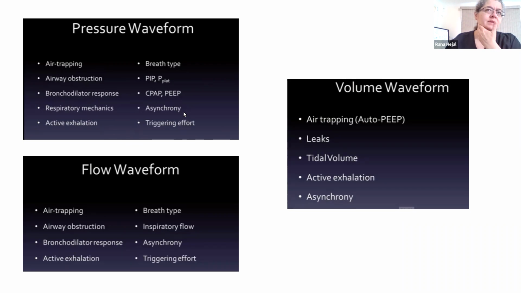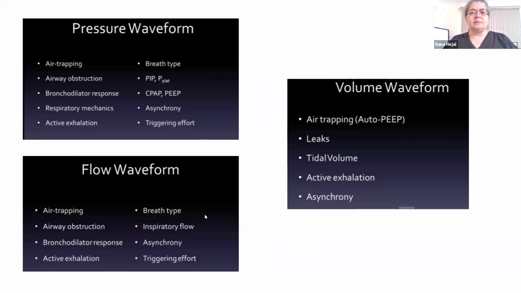Clearly, asynchrony would be something that you will see, and whether the patient has a triggering effort or not. The most commonly looked at part of the scalar is the flow waveform, because you can decide on air trapping much faster, clearly for airway obstruction and whether somebody is exhaling. So all of these will add to each other.